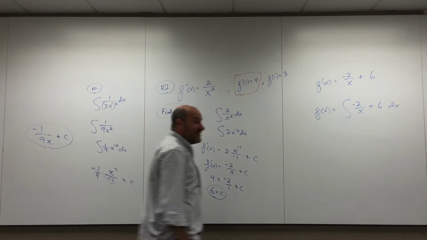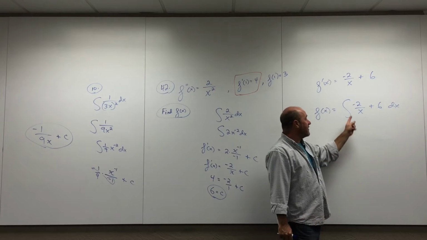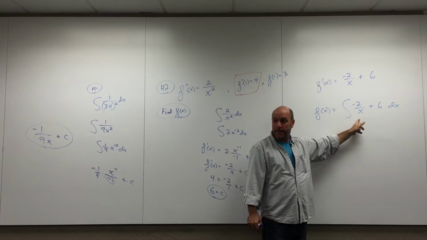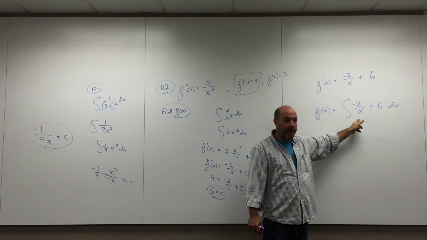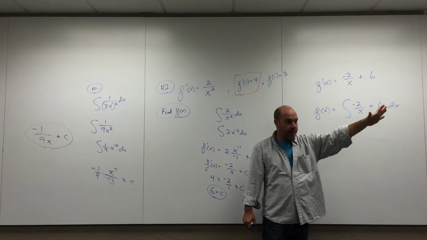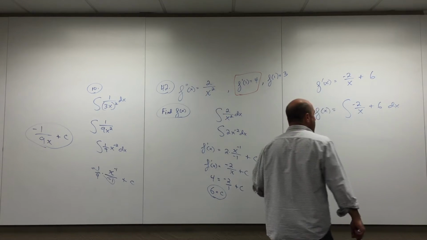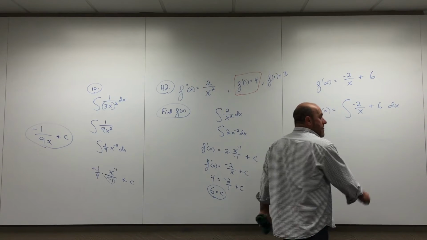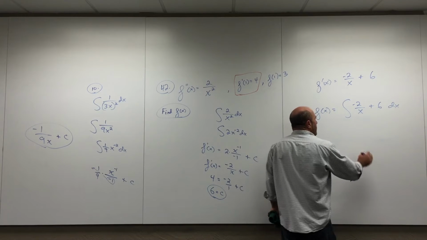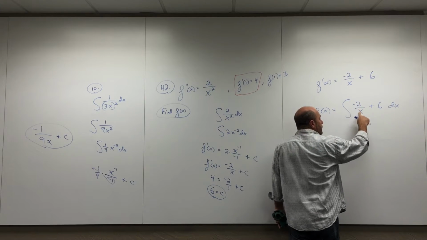All right, this is a good one now. How do you guys know how to integrate this? If you write negative 2 times 1 over x, plus 6, then you can do the natural log. This is a negative 2 over x.